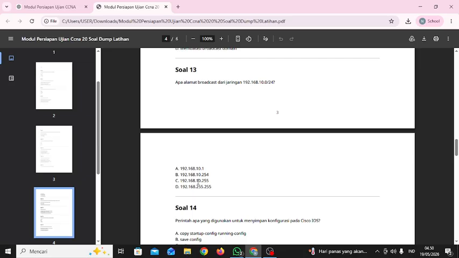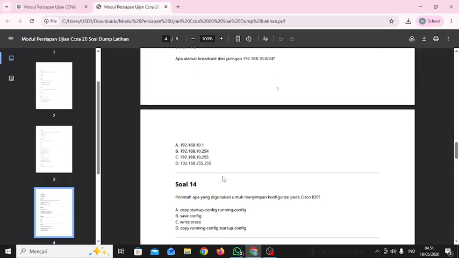The broadcast address is 192.168.10.255. The broadcast address is used to send traffic to all devices in the subnet. Subnetting and broadcast calculation are essential CCNA topics. Okay, next question.